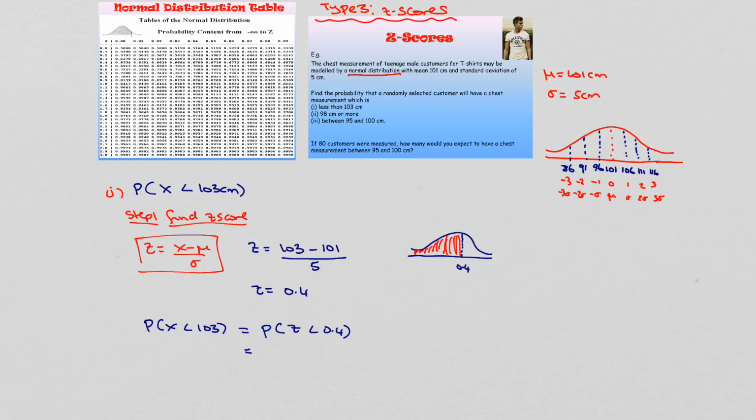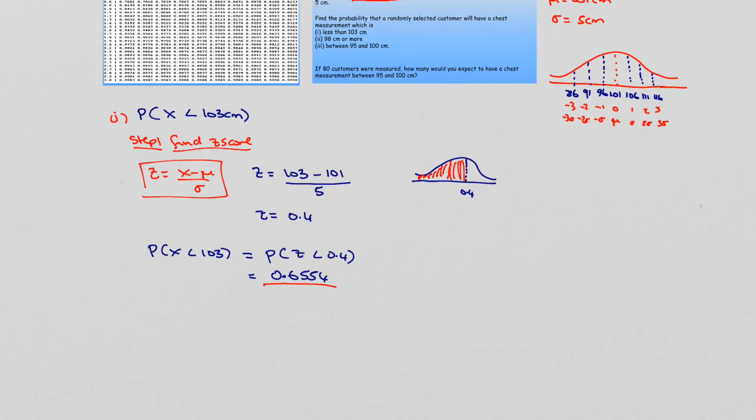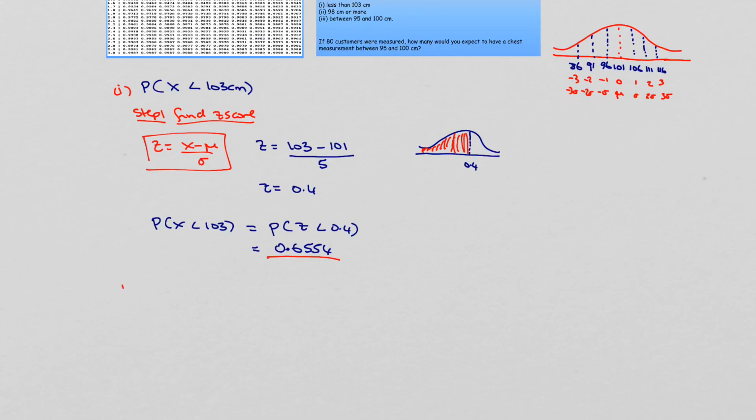If I go to my tables and look for 0.4, that gives me 0.6554. So males with a chest measurement of less than 103 centimetres are represented by 65.54% of the customers.